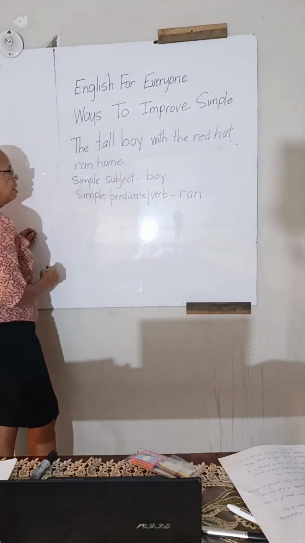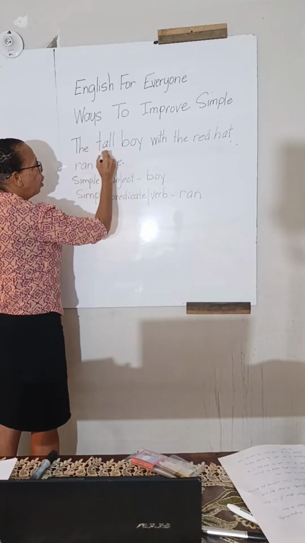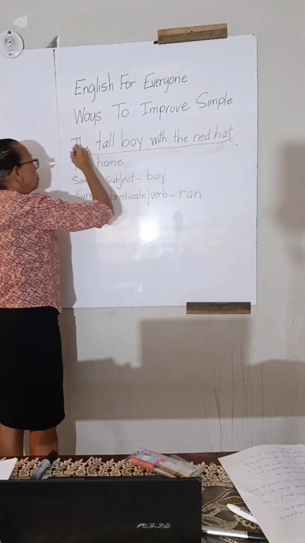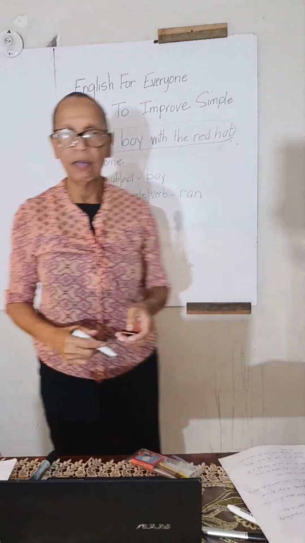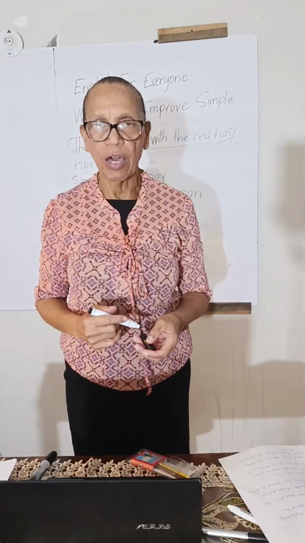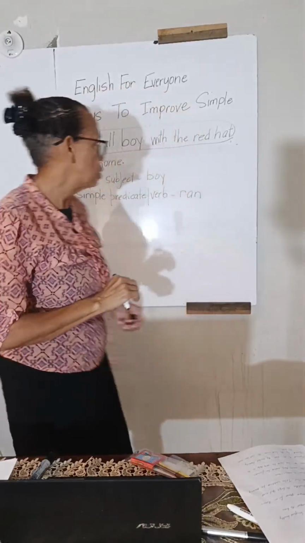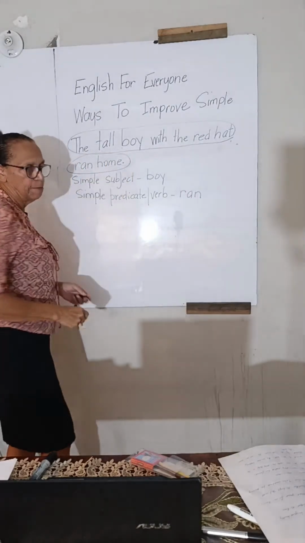Now, all of this, the tall boy with the red hat, you would call the complete subject. The main one plus everything, complete subject, and all of this you would call the complete predicate.